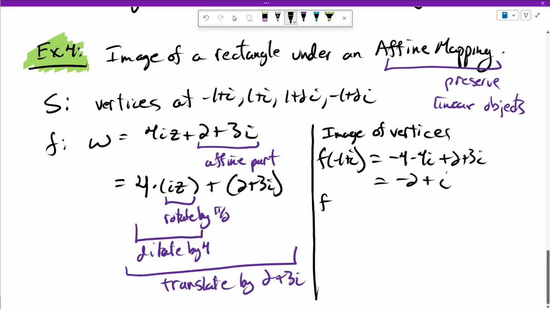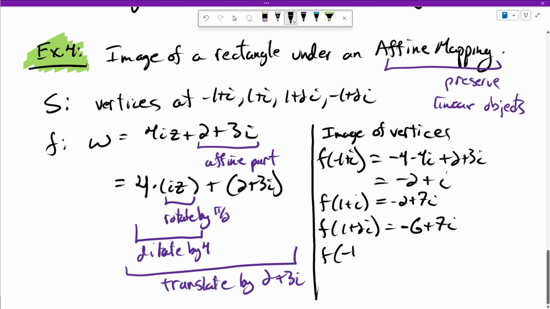And then if you do these other ones, you could find that f of 1 plus i is going to be -2 plus 7i. f of 1 plus 2i is going to be -6 plus 7i. And then f of -1 plus 2i is going to be -6 minus i.